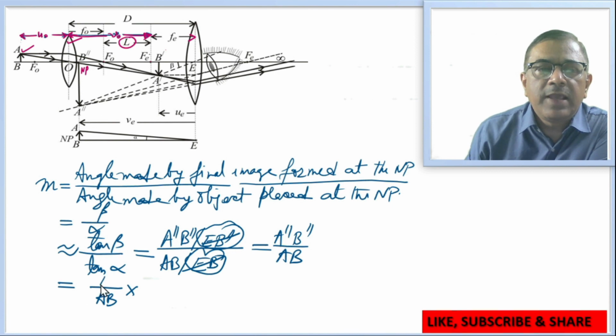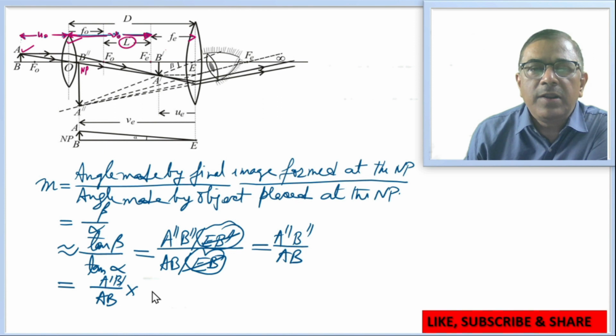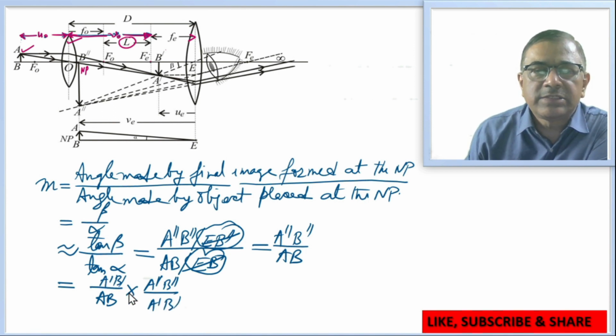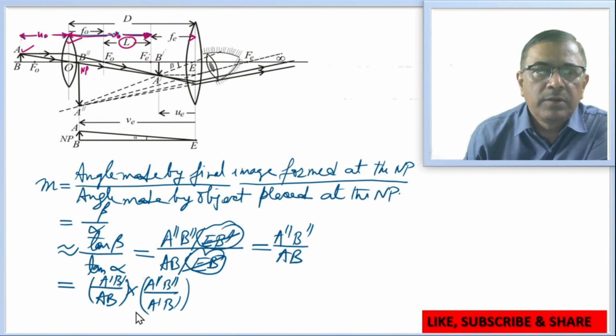This can be written as A'B' by AB multiplied by A''B'' upon A'B'. Can you see this A'B' and A'B' can be cancelled. So this is how this fraction can be rewritten.